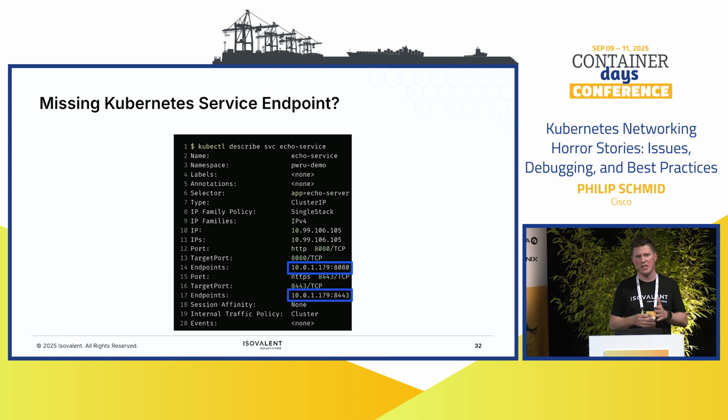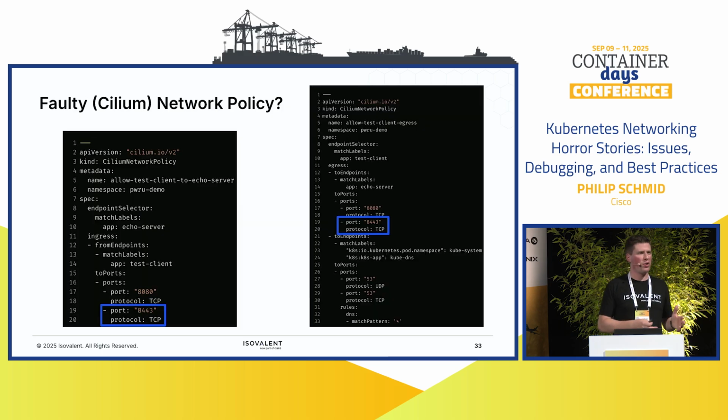The server is found, the label selector is correct, the ports are found, so there doesn't seem to be something wrong with the service itself. Perhaps there's a network policy which isn't allowing the traffic. From a network policy manifest standpoint, it looks good because we're allowing port 8080 and 8443 on the left-hand side in ingress direction and on the right-hand side in egress direction. That's also something to be aware of, that most of the time you need to allow your traffic in both directions.